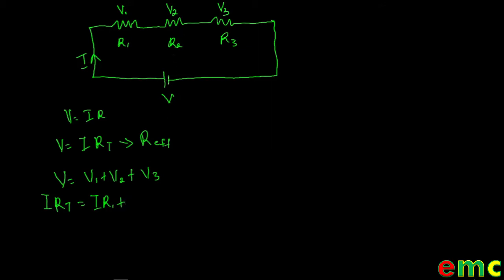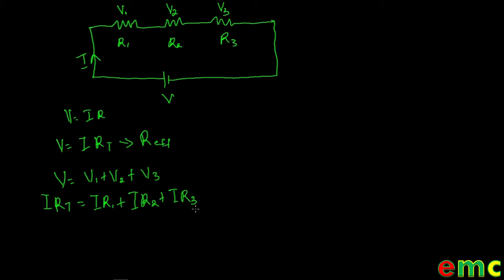For voltage drop 2, it is a product of the current and the second resistance, while voltage drop 3 is also the product of the current and the third resistance.